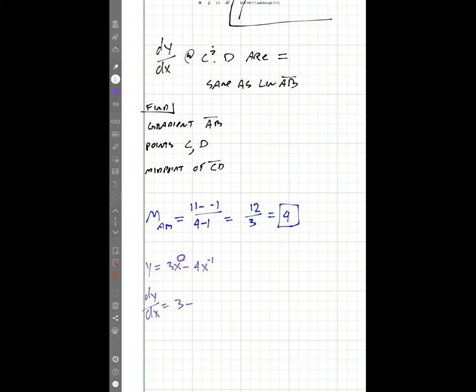So this is 3x to the 1, and we subtract 1, so it gives us x to the 0 power, leaving 3. Then we multiply by our n, so this is going to be plus 4x, and then negative 1 minus 1.